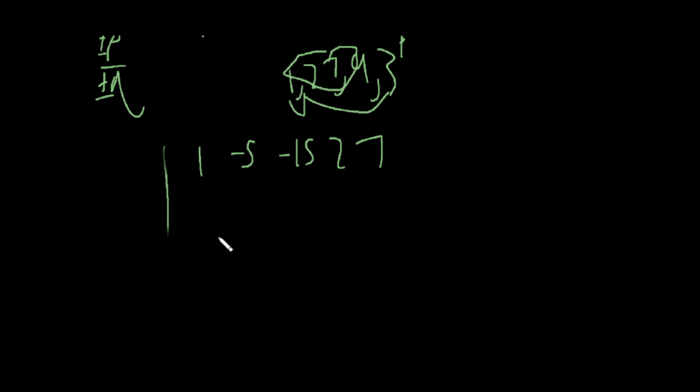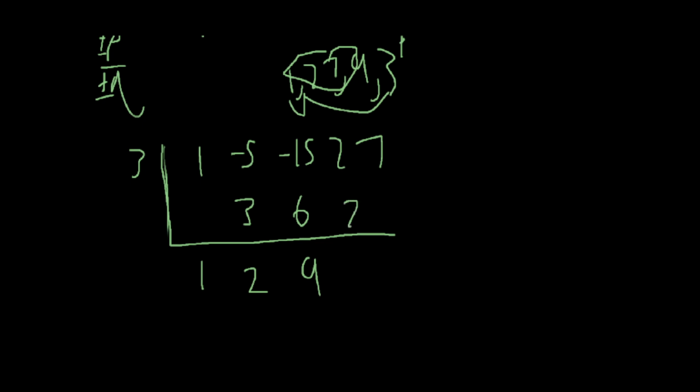So let's try 3. 1, 3, 2, 6, 9, 27. So, probably negative, I'll be honest. So 1, 3, so this is negative 3.